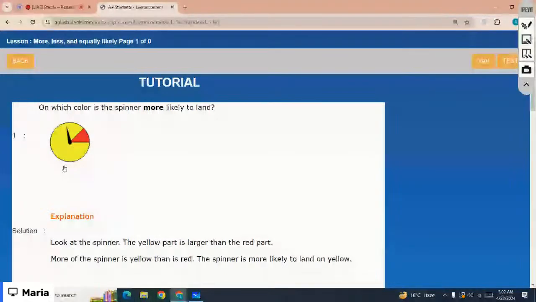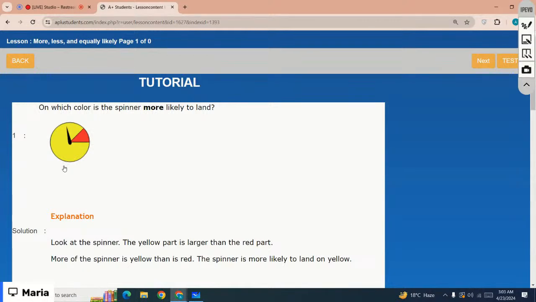Okay, let's start with the first example: on which color is the spinner more likely to land? Just look at the spinner. There you have two colors, yellow and red. Most of the portion is yellow, a very small portion is red, right?